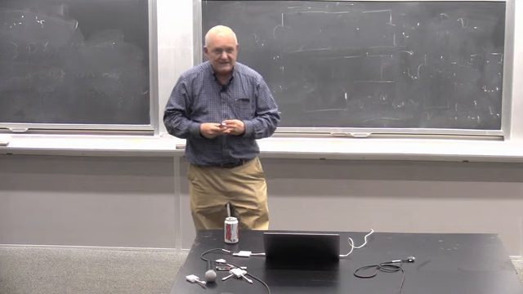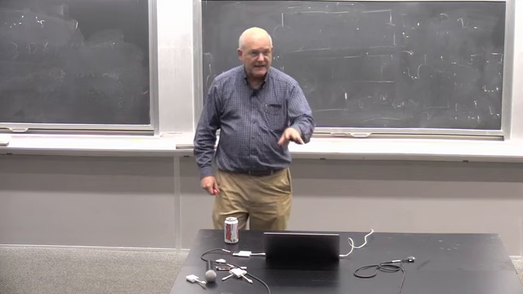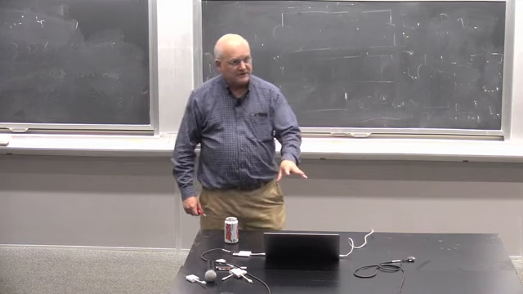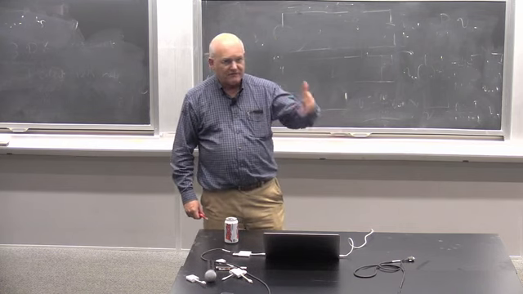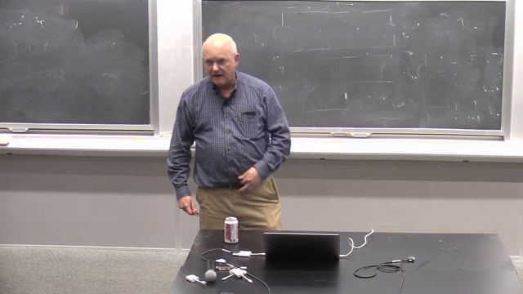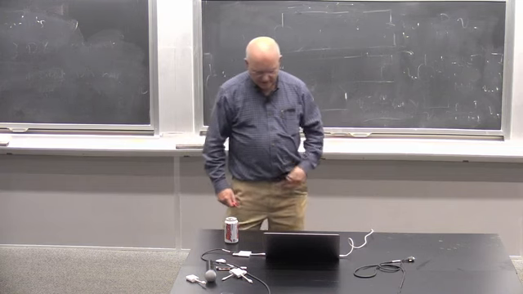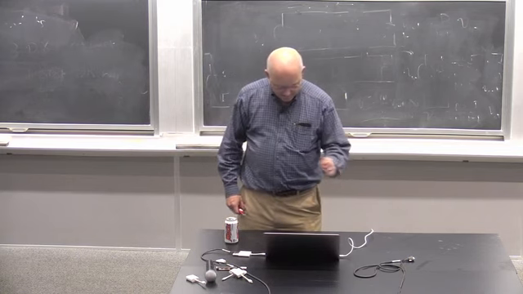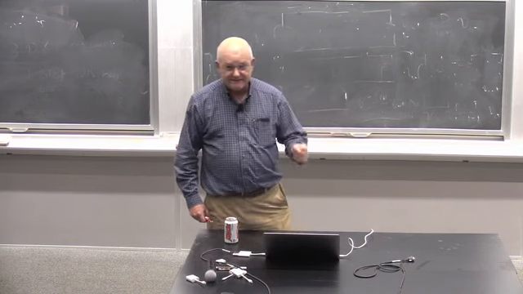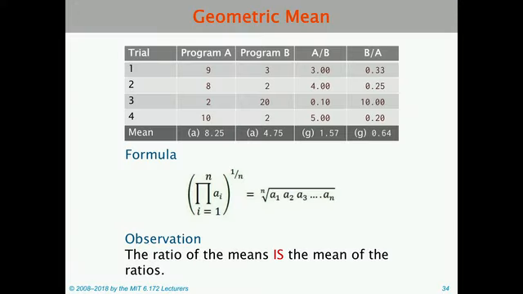Okay? So this is the kind of thing when you're thinking about how you're reporting things: you want to be careful when you're aggregating things to make sure that you have the basic mathematical properties met. Okay? And what's nice is 1 divided by 1.57 here is in fact 0.64.